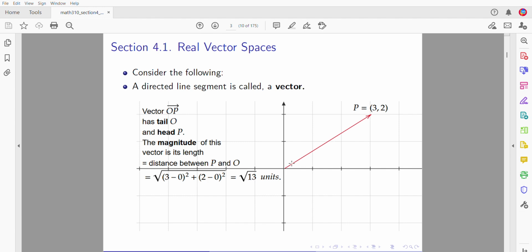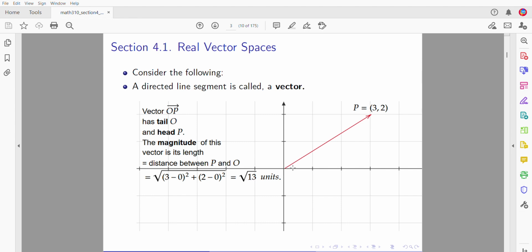Vector OP with an overline arrow; notice the arrow, that's how you denote the vector from O to P. It has tail O and head P. The arrow point is called the head, and the starting point is called the tail.